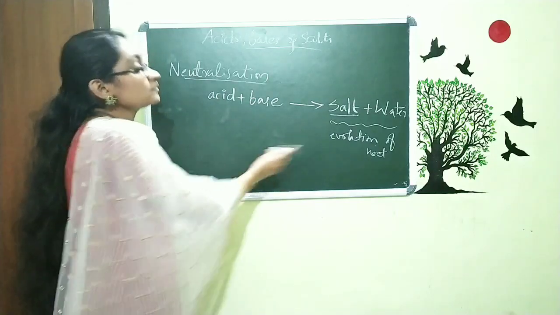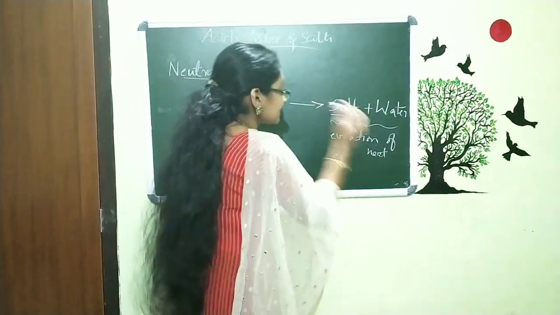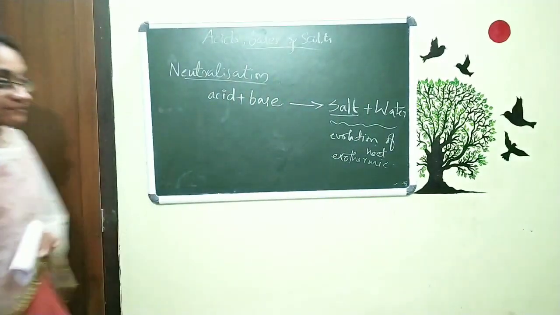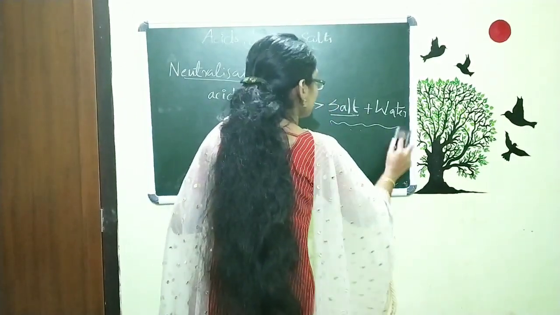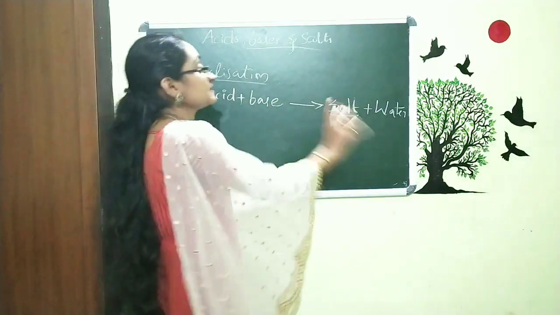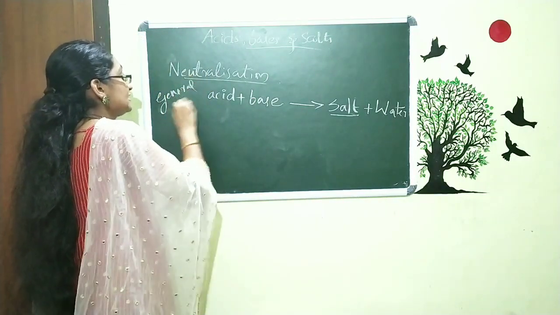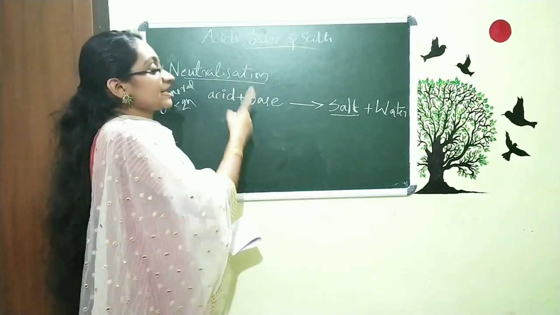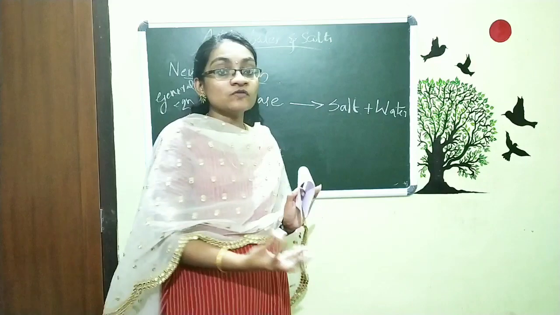When we touch the test tube, we feel the heat produced, and we can say this reaction is exothermic. So you can write: acid plus base gives salt plus water. This is the general equation for neutralization. When acid and base react together, we get salt and water and they evolve heat.